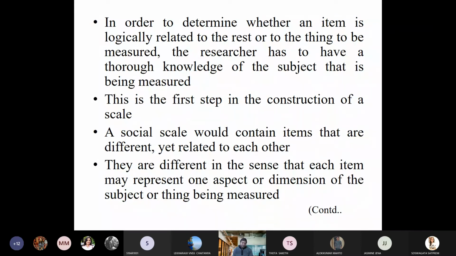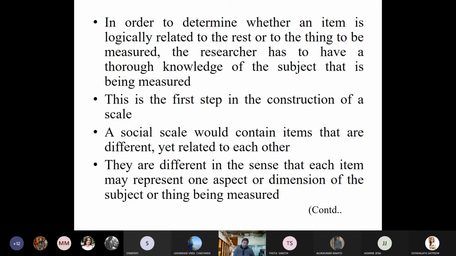A social scale should contain items that are different yet related to each other. They are different in the sense that each item may represent one aspect or dimension of the subject to be measured. While looking at the scale, we are keeping all these items in different segments.